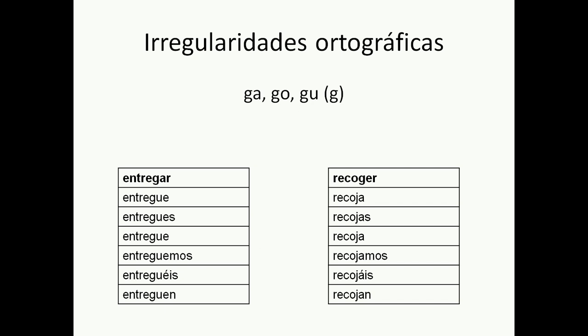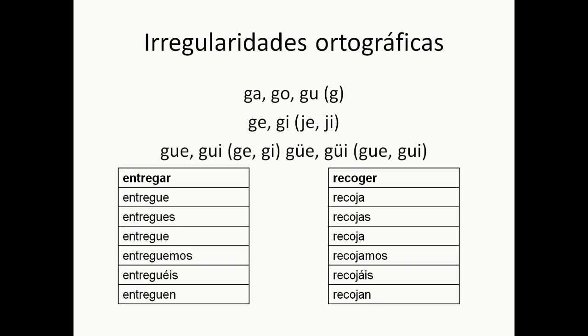In these verbs, we have the following irregularity. As you already know, the combination of G with A, O, and U sounds ga, go, gu. G with E and I sounds je, ji. The combination G-U-E and G-U-I sounds ge and gi.